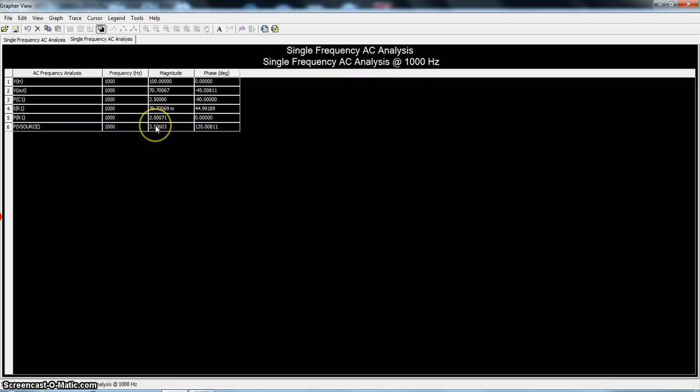And for the source, we have 3.54 essentially at an angle of 135. Now, that again could be confusing because the positive reference is power absorbed.